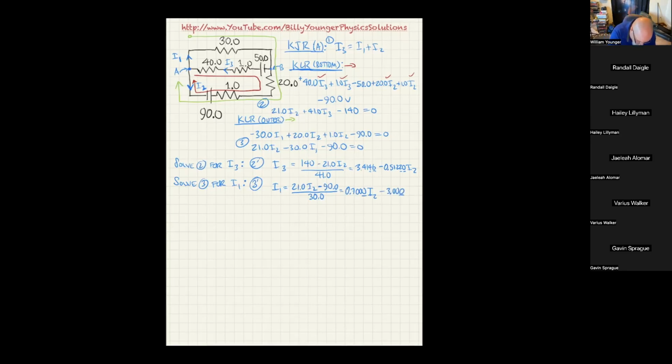Now I'm going to plug 2 prime and 3 prime into 1. You can look back at the notes, and this is why I keep track of this stuff. This is why I have all my equations numbered. I have 3 unknowns, I1, I2, I3, and the fundamental theorem of algebra essentially says that if you have 3 unknowns, you have to have 3 different equations.